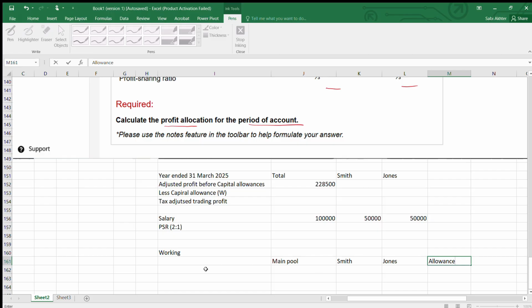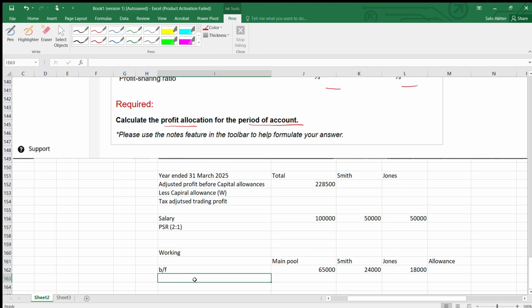Okay. Tax brought forward balance. So brought forward balance is 65,000 in the main pool, and for car it's 24 and 18. This 24 and 18 are for car. Okay. Next.